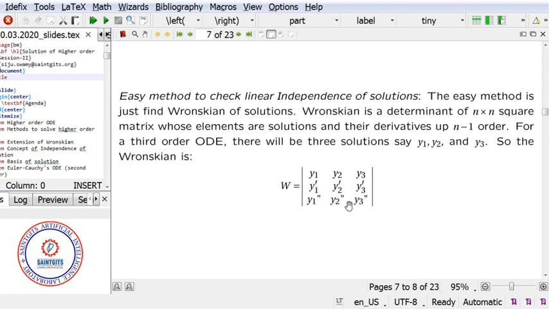Similarly, third row is the derivative of the preceding row, that is derivative of y1 dash, y2 dash and y3 dash. If the system has n solutions, then automatically first row contains n solutions, second row contains n derivatives, etc., and finally nth row contains the derivative of the (n minus 1)th row. So automatically it is an n by n determinant.